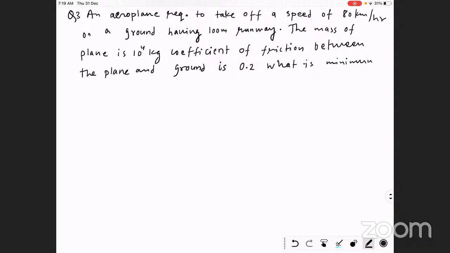What is minimum force required by engine of plane? चलो बताओ ये वाला क्वेश्चन.